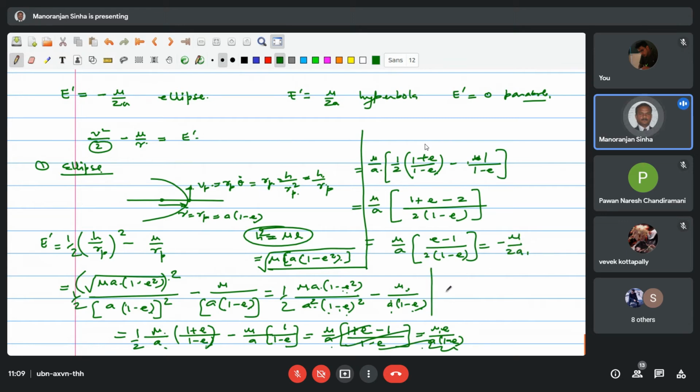So E prime is minus mu by 2a. This we have written for the case of the ellipse.